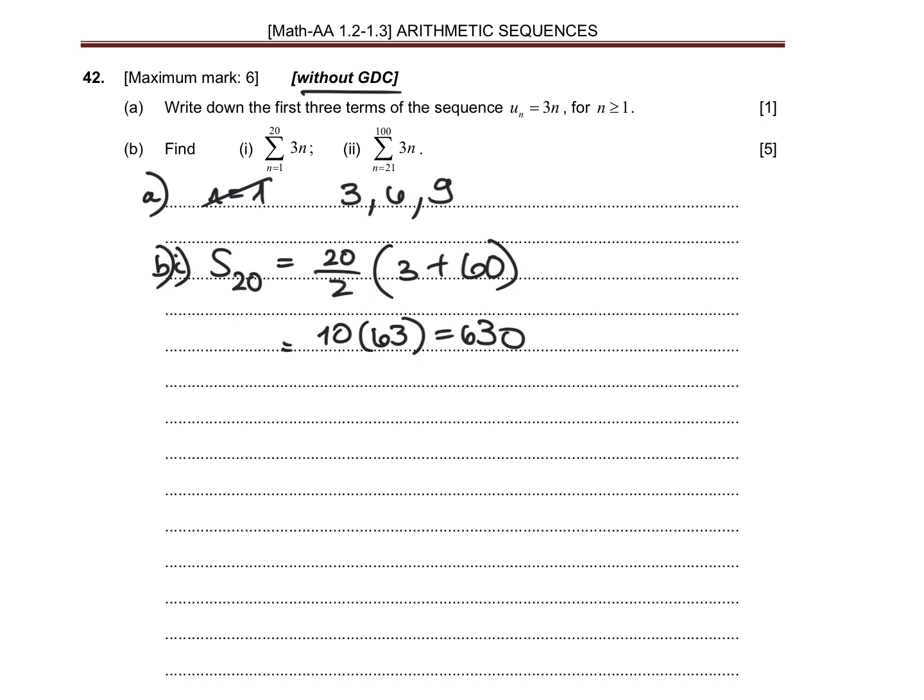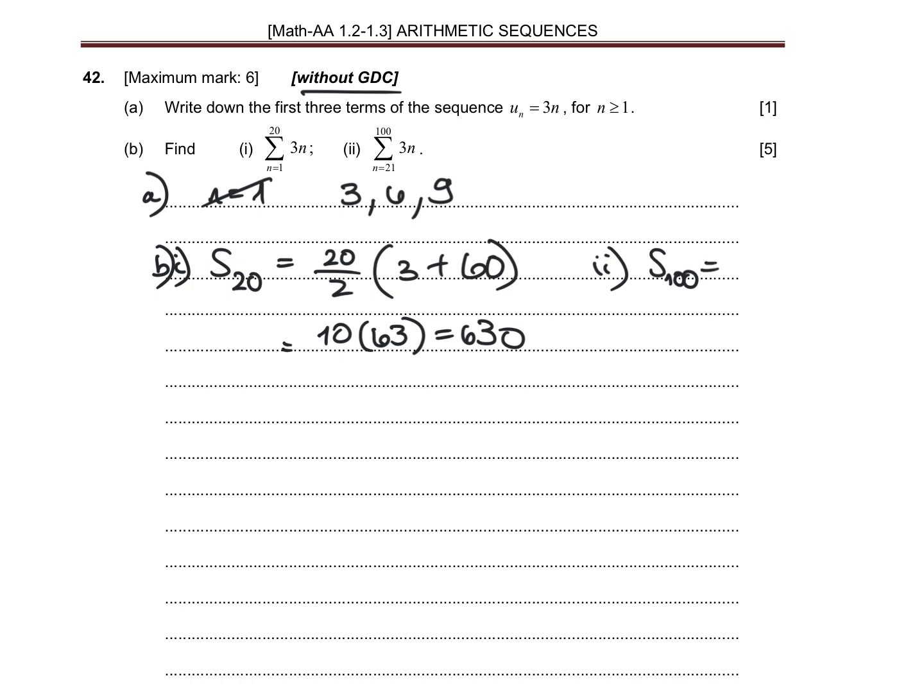And for double I, we can find the sum to 100, and then we'll subtract out what we found in BI, because we just want 21 to 100, so we'll get rid of 1 to 20.